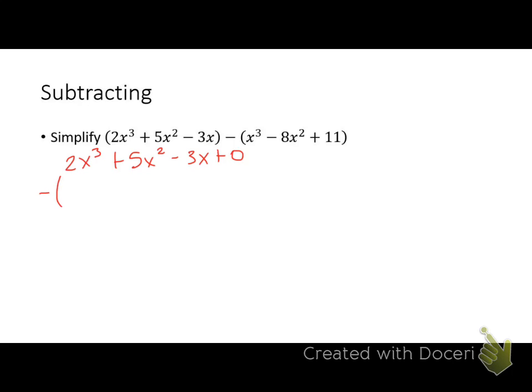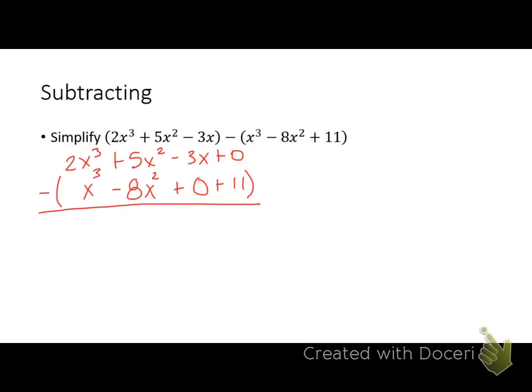Now, because I'm subtracting, I'm going to put that minus on the outside. So I'm going to have an x cubed, then a minus 8x squared, a plus 0, and then a plus 11.